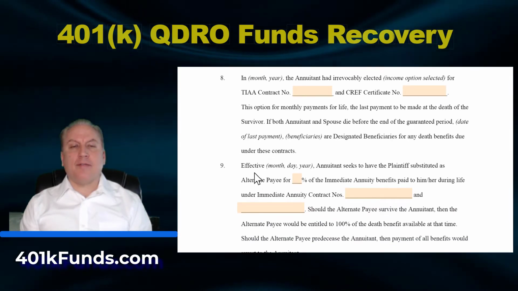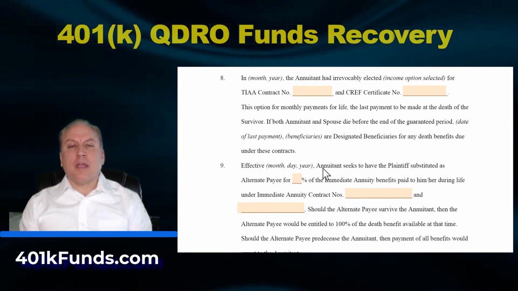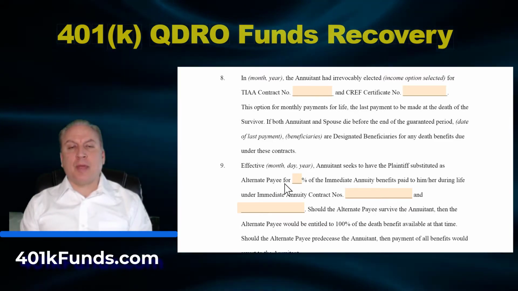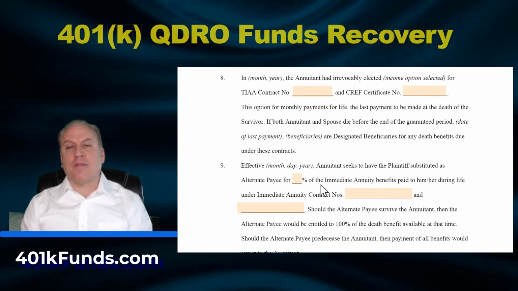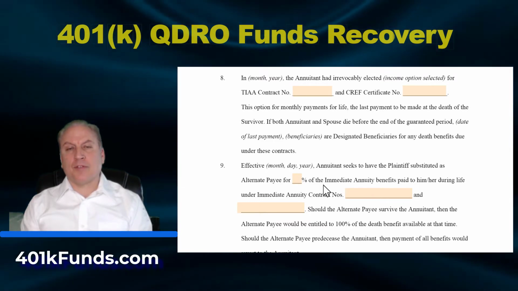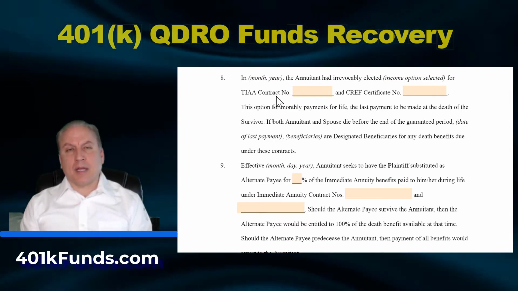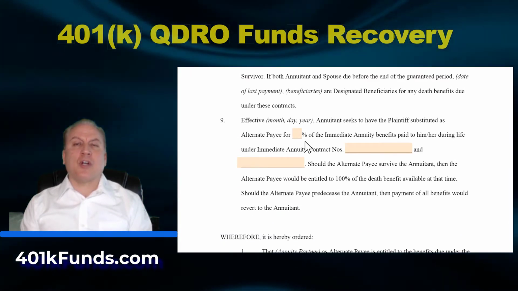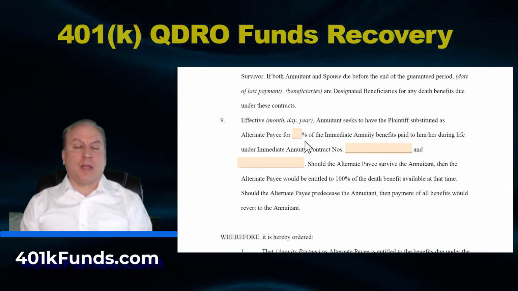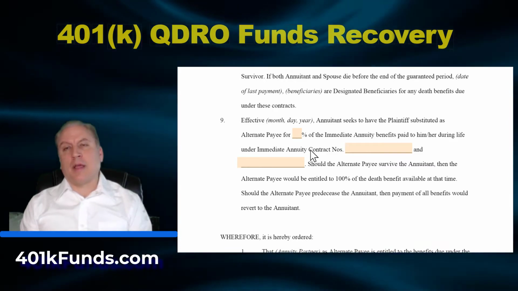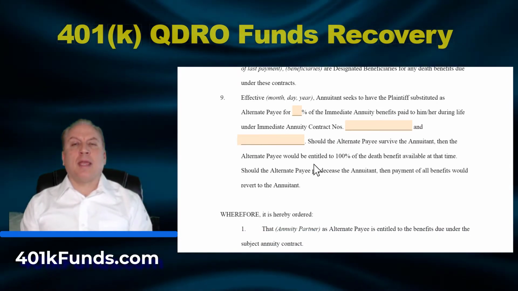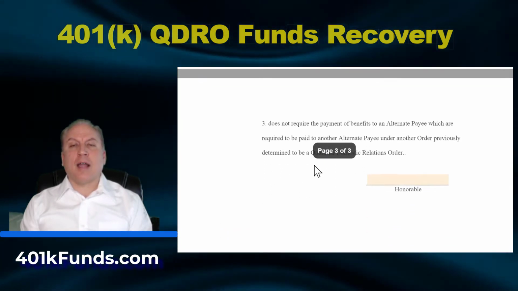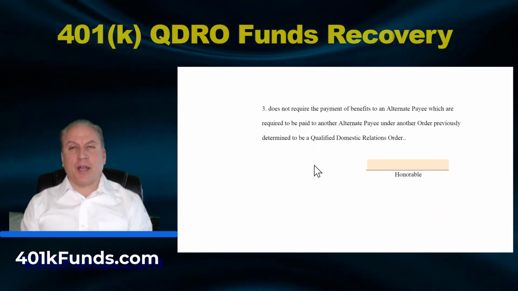selecting to have the plaintiff substituted as an alternate payee for a certain percentage of the annuity benefit. Okay, so it'll have maybe a contract number, certificate number, and it'll tell what percentage of that security, whether it's a 401k, an IRA, or an insurance policy, and it will have the court sign off on that percentage distribution.